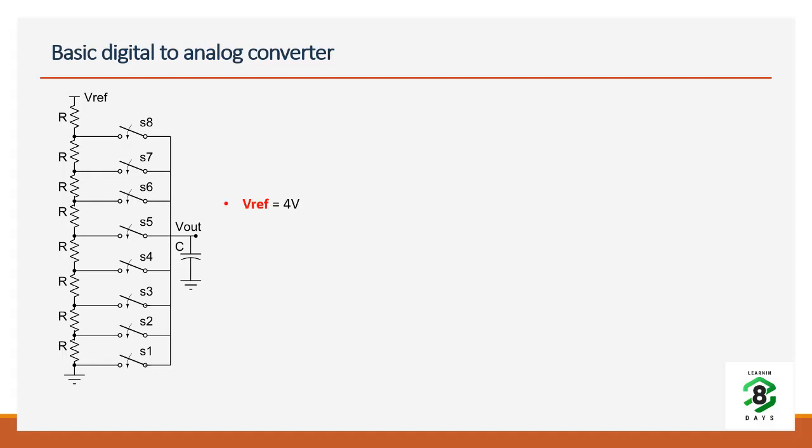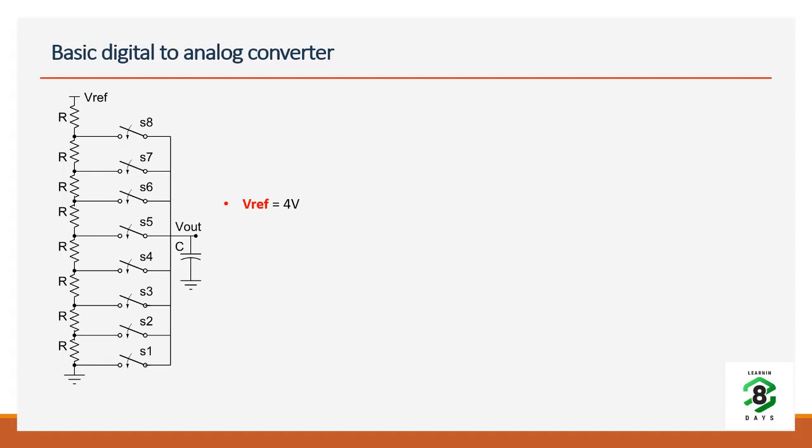Okay, so what did I do over here? First I had selected a reference voltage. What does it do? The Vref says this is the signal range. If your signal amplitude is more than 4 Vref, you cannot generate any signal which is more than 4 volt.